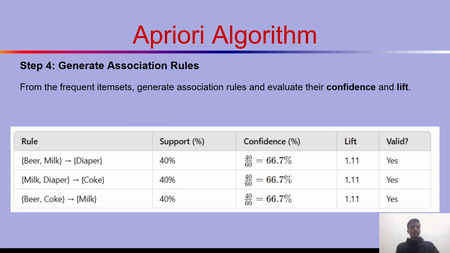And from the frequent items we generate association rules, confidence and lift, like when beer and milk come, diaper will come, and that confidence is 66%.